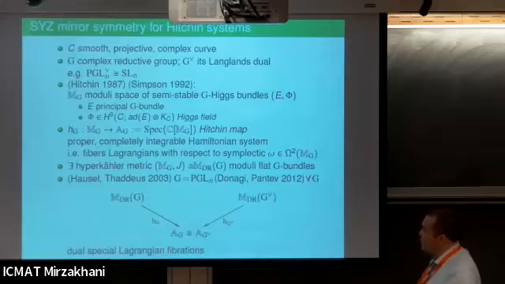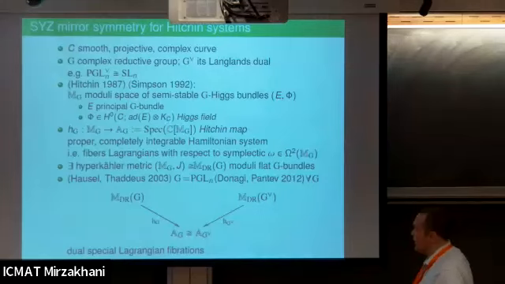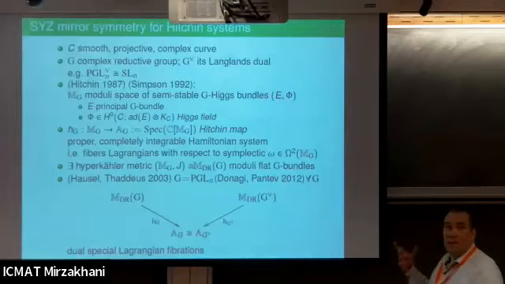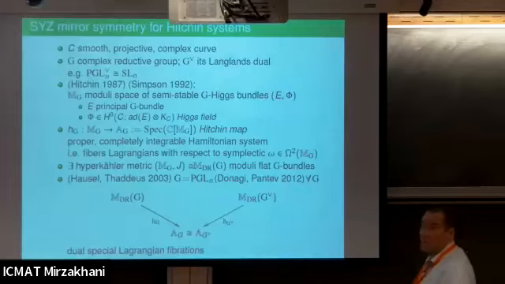And indeed, we managed to prove with Tamás that for PGL_N, from the de Rham moduli space, after changing complex structure, you can take the Hitchin map, and here on the Langlands dual side as well, the two bases of the Hitchin systems are naturally identified. And then by changing the complex structure, these originally holomorphic Lagrangian fibrations become special Lagrangian fibrations, and they have generic fibers which are dual special Lagrangian tori.